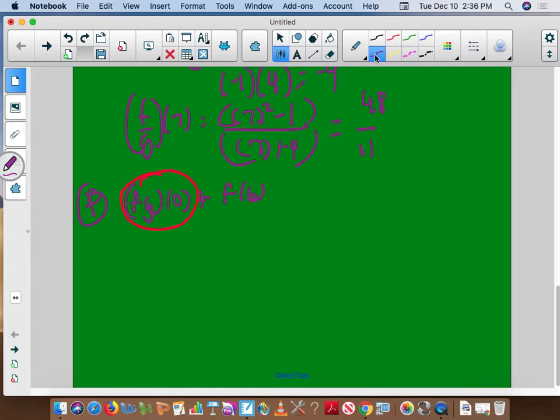Didn't we get -4? Yes. So now I've got to find f of 6. So I'm going to go find function f, which is x squared minus 1. And I'm going to fill in 6. So I get -4 plus 35. So I got 31.